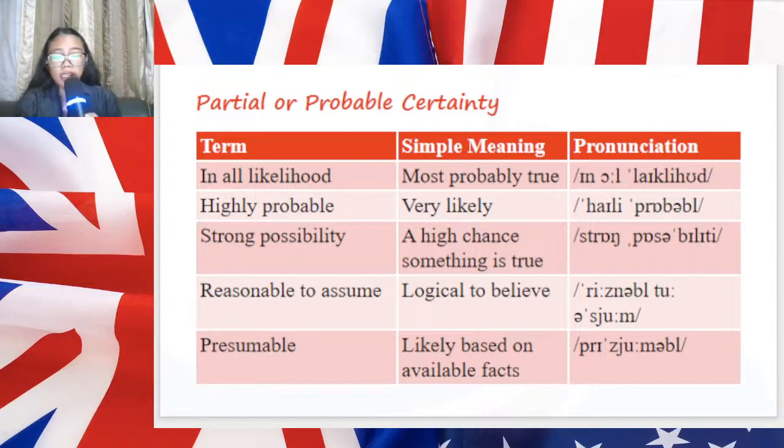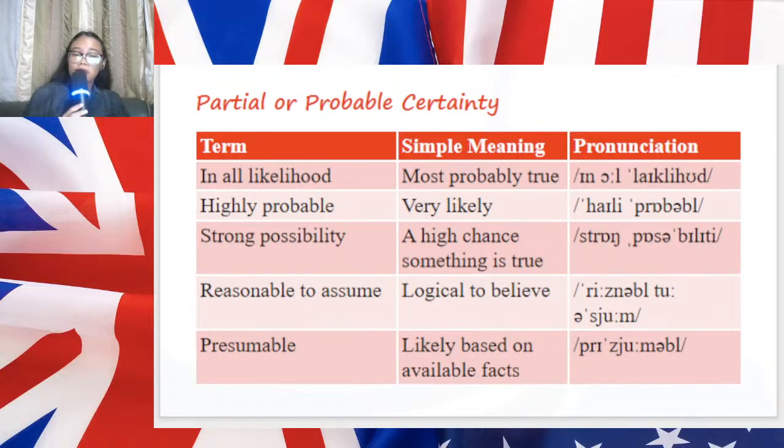All right? In IELTS or TOEFL, this expression is perfect for forming strong yet careful arguments. For example, in IELTS writing, you could write, it is reasonable to assume that increased investment in education leads to better national outcomes. This shows that you're not making blind claims, that you are using logic and structure in your argument.